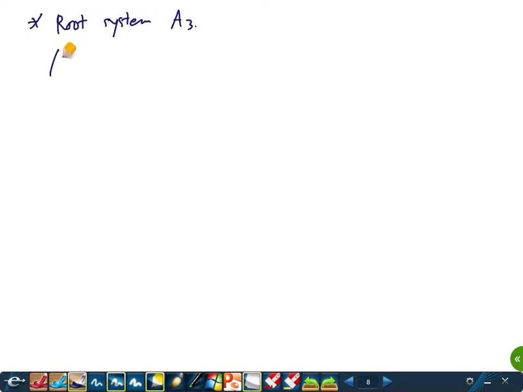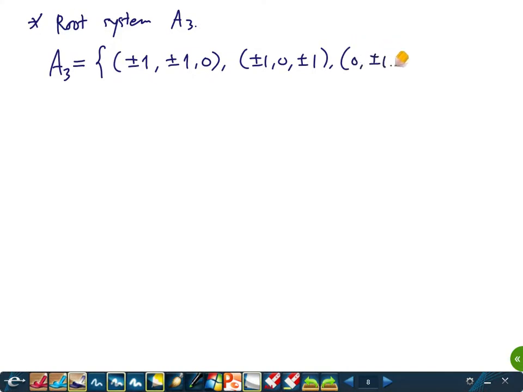So we can write down explicitly what this is. Plus or minus 1, plus or minus 1, 0; 0, 0, plus or minus 1; 0, plus or minus 1, plus or minus 1, like that. So there are four vectors here, so 4 times 3, there are 12 roots here.